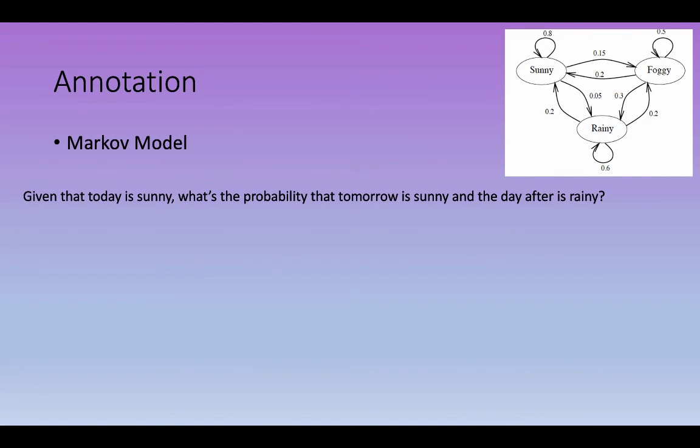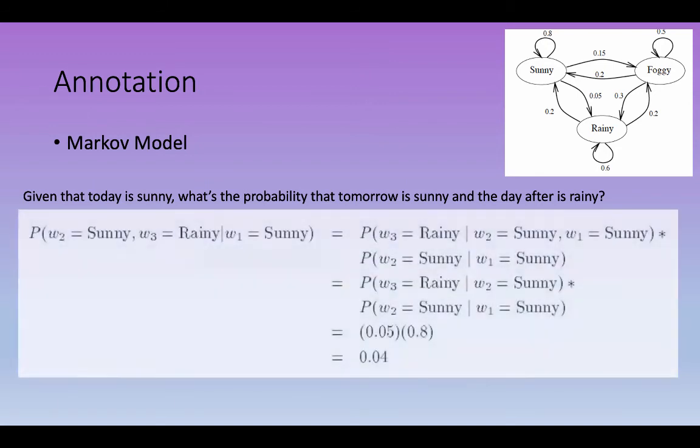So if I answer the question, given that today is sunny, what's the probability that tomorrow is sunny and the day after is rainy? This is asking what's the probability that I'm going to be able to predict the next 2 days. What do I need to know in order to make this prediction?